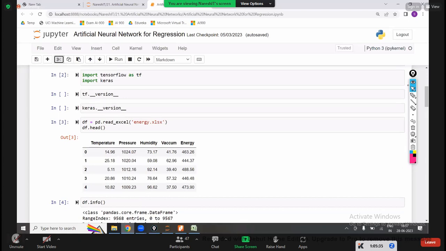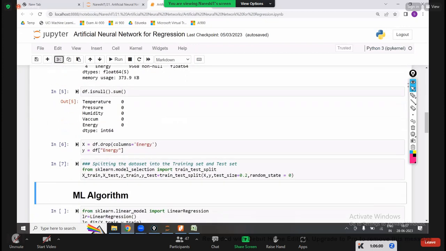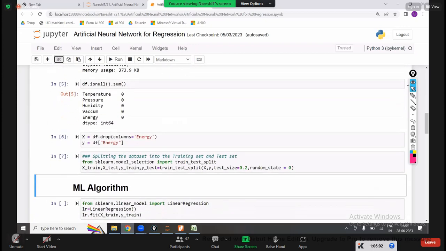Now, one of the online students is asking once again to explain the epoch. What is meant by epoch? One forward propagation plus backward propagation is considered an epoch. How many times it has to come back and adjust the weights is called an epoch.